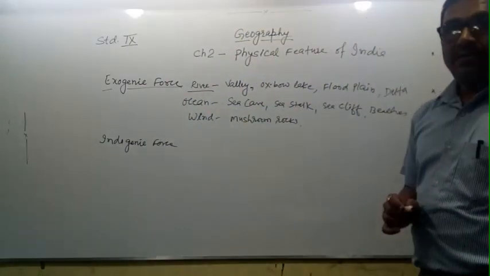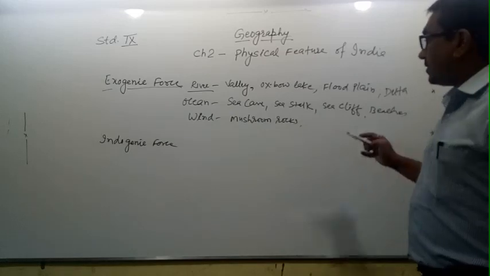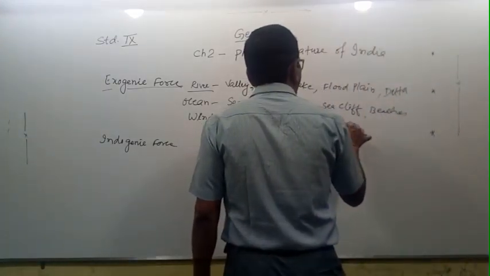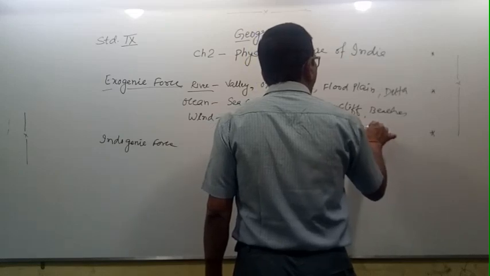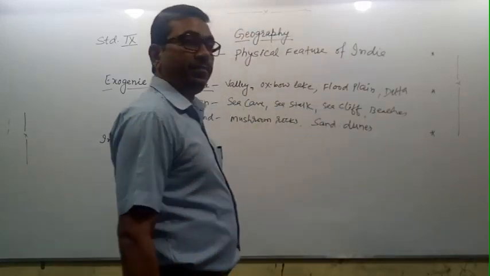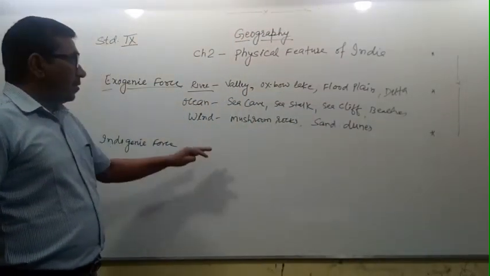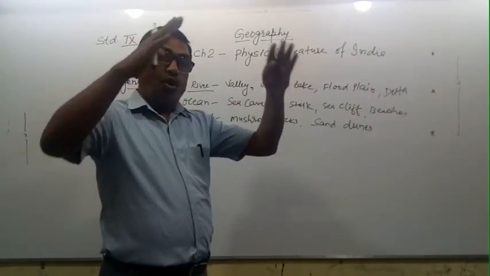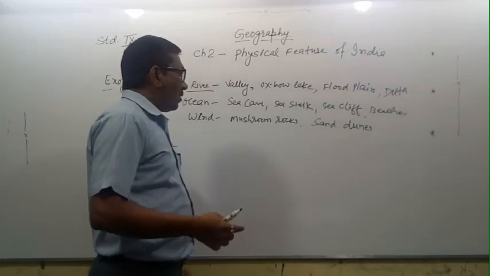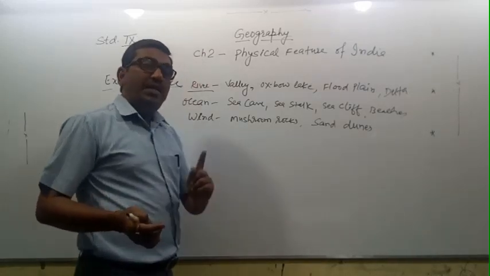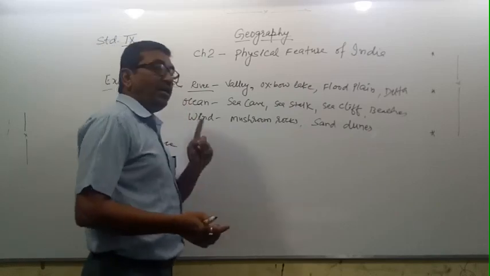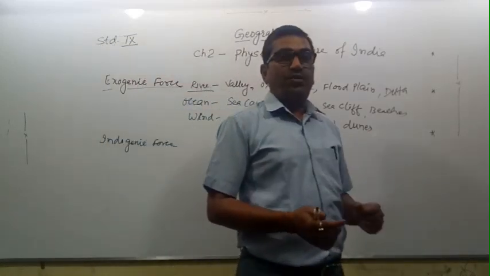Then it also forms the sand dunes. ये जो कहीं कहीं पर दिखाई देगा मशरूम के टाइप का रॉक कटा हुआ है, ये एक्सटर्नल फोर्स विंड के कारण हुआ है. These features come under the exogenic force or external force.